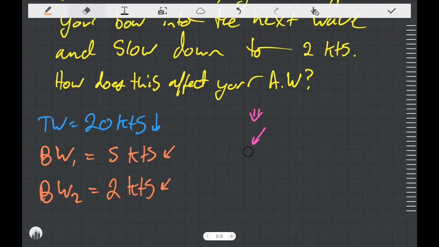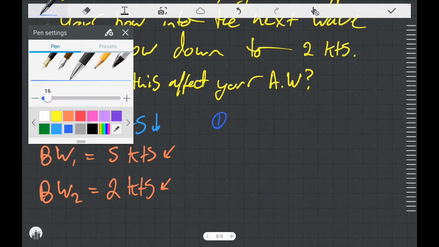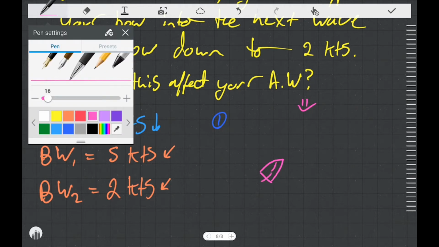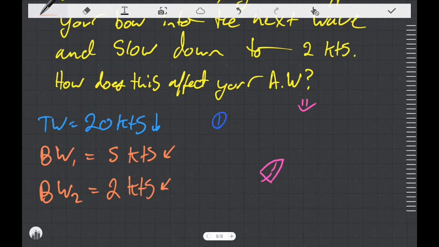So just like we did for the last question, let's draw 2 diagrams. So diagram 1, start with the wind at the top, and we'll start with a boat heading up the screen with sails trimmed in. First wind we're going to draw is the boat wind, and we're going to anchor it on the tip of the bow there. And we'll make it 5 knots long.